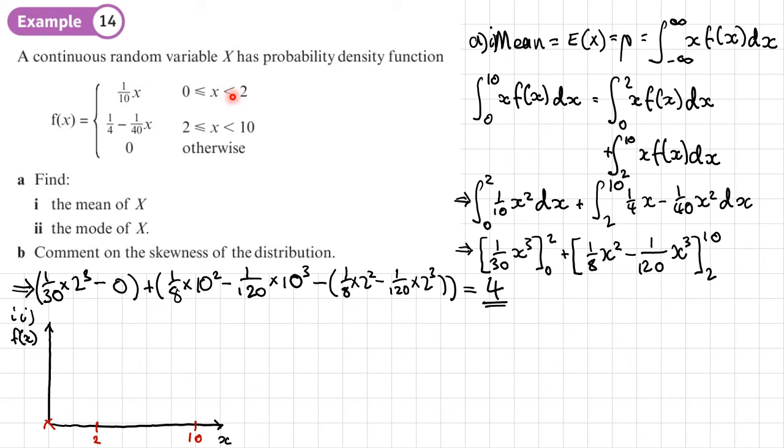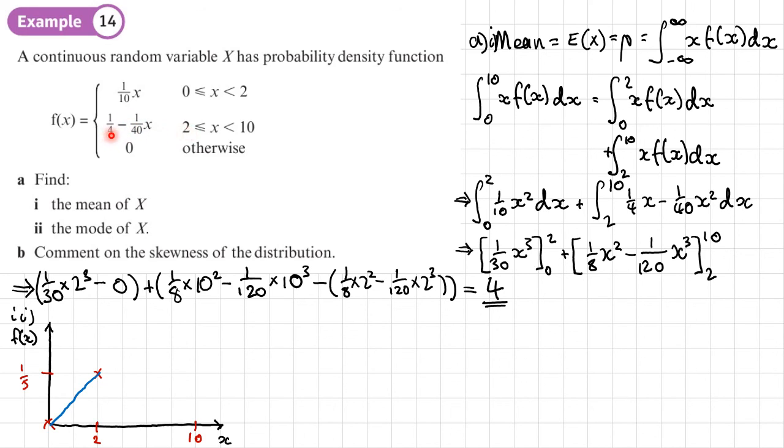The value of the probability is going to be 2 over 10, isn't it, or 1/5. So I'll mark that on my axis here. Let's put that as 1/5. So the first part of the graph goes like this. This is linear as well.